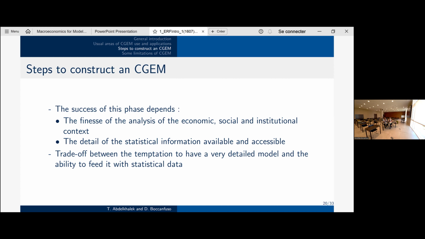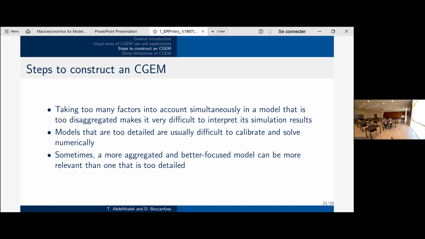We have many sectors. Yes, it's a good question. But we have no data. We have no salary for each sector by gender. The question is good, but we have no data. We cannot feed the model with the statistical data. This is a limitation, and we cannot construct the model with that.